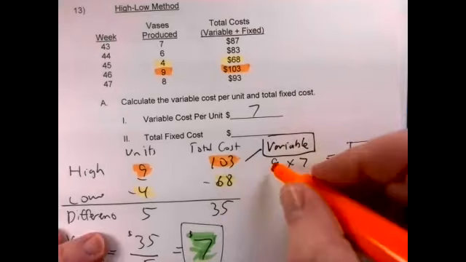And again, the fixed cost should be the same. The variable cost won't be, they're variable. But the fixed cost should be the same. Okay.